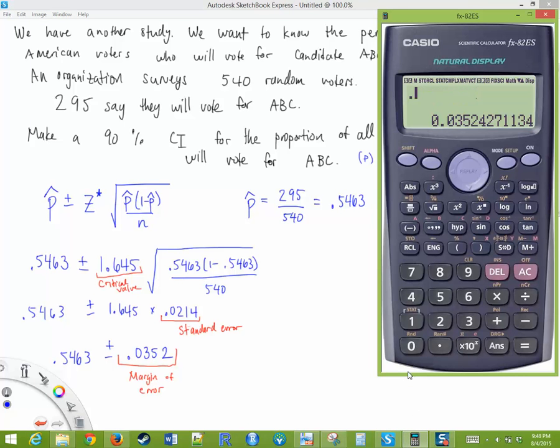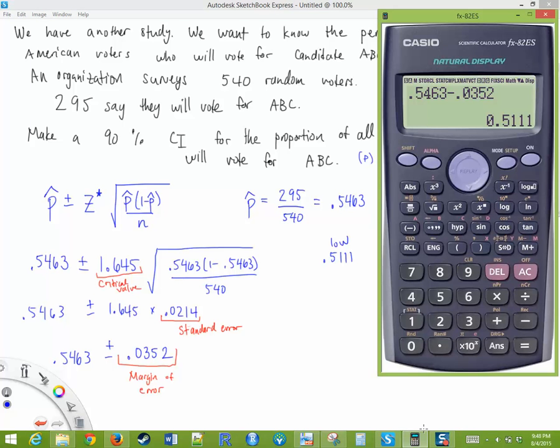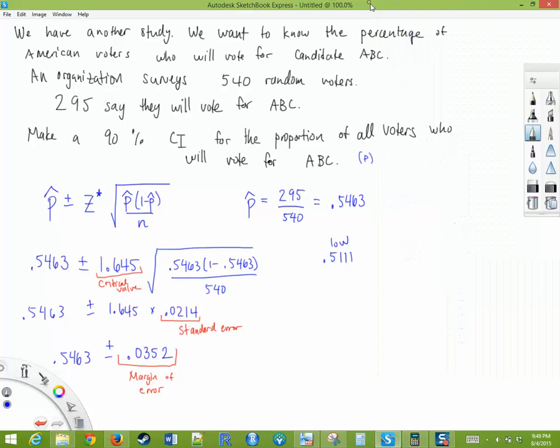0.5463 minus 0.0352, and I get 0.5111. This is on my low end. And let's go back and change that minus to a plus, and I have 0.5814.